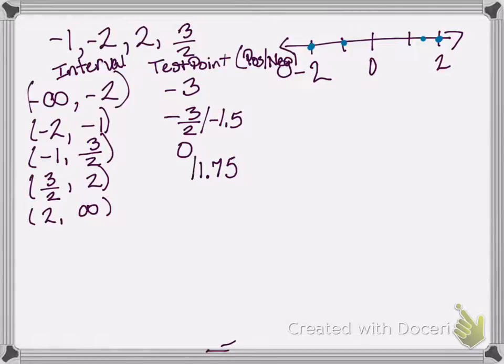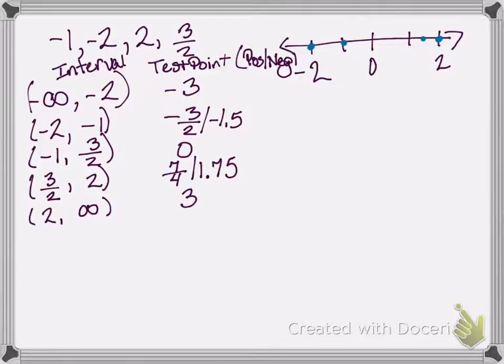Now in fraction, because we do a lot with fractions, that's going to be 7 over 4. So you can use 7 over 4 or 1.75 for that. Either one of those is fine for us to determine the behavior of the graph there. And then for 2 to infinity, we're going to use 3.